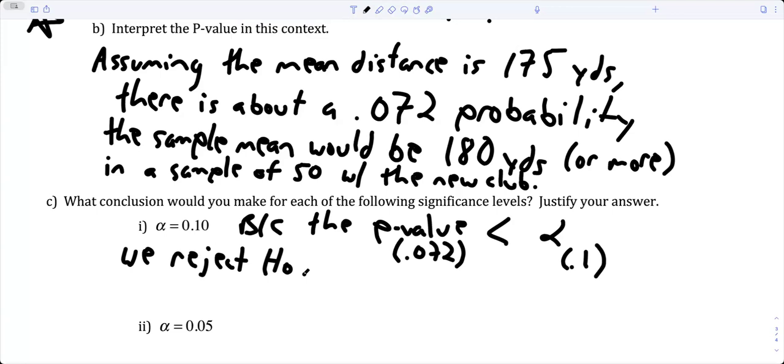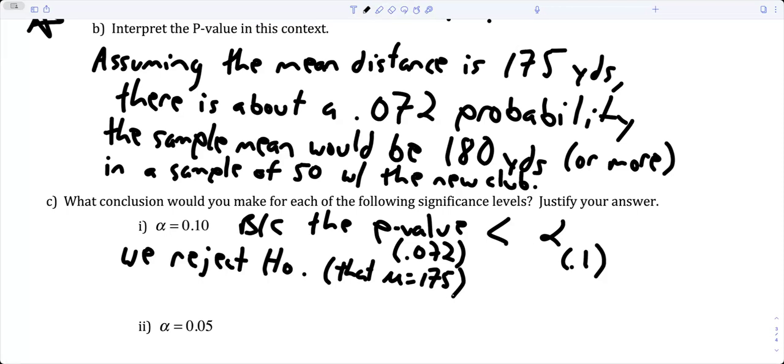And when I'm rejecting H naught, I'm rejecting the fact that mu equals 175. Okay, and so this is your conclusion. Write it like this every time if we reject.